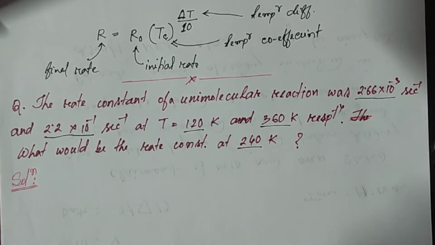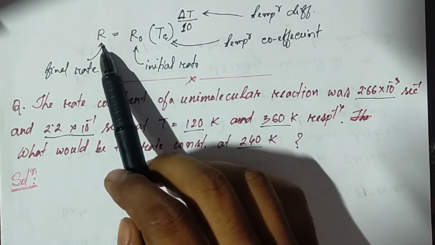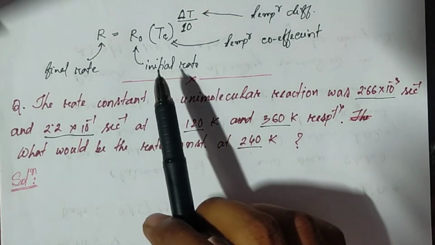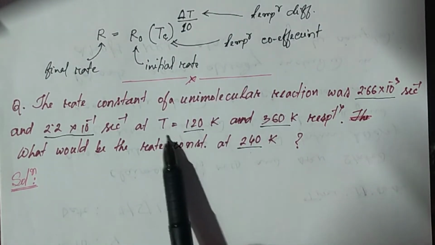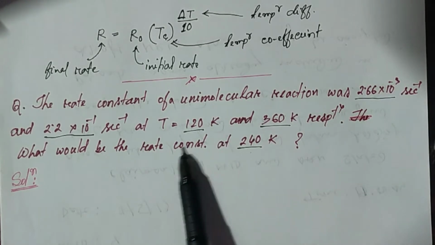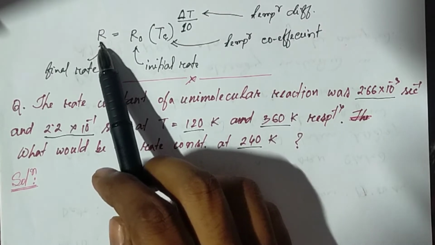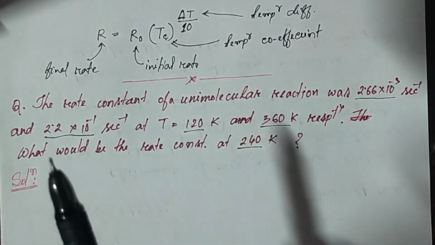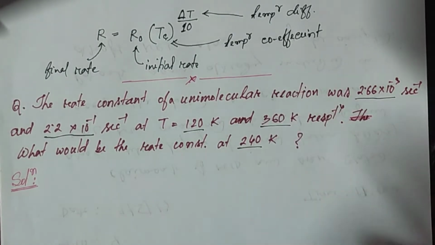In this question they are asking for the rate constant, but in this expression I was saying that it was final rate and initial rate. This expression is also valid for this question. That means for rate constants, if you consider this the final rate constant and this the initial rate constant, then this expression will be valid and we can use it in this question also.